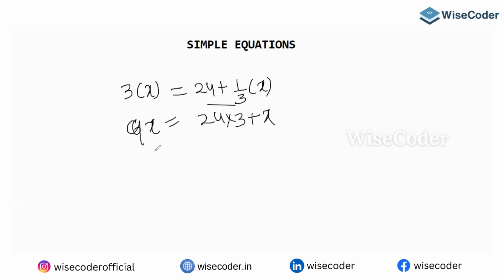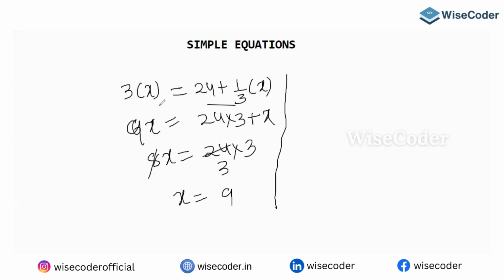When x comes to this side, that gives you 8x equals 24 into 3. Don't be in a hurry to multiply the numbers, because this is simply going to cancel. 8 how many times? 3 times. Then x is equal to what, guys? 9. That's what I'm trying to tell you. Make an equation. Once you make this an equation, your job is done.